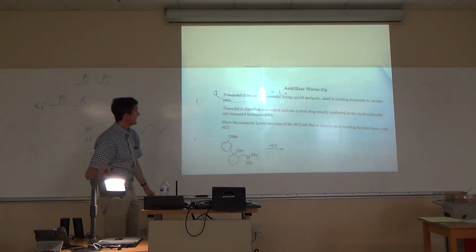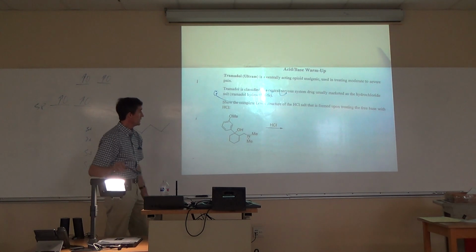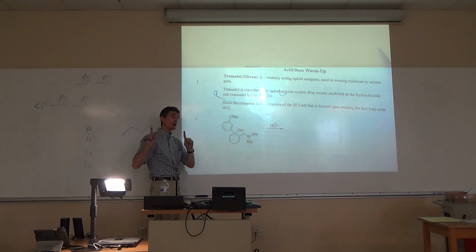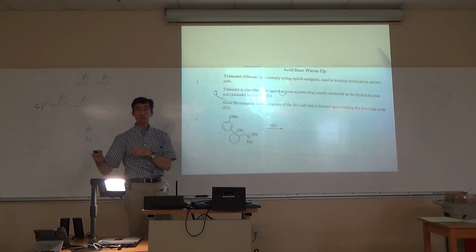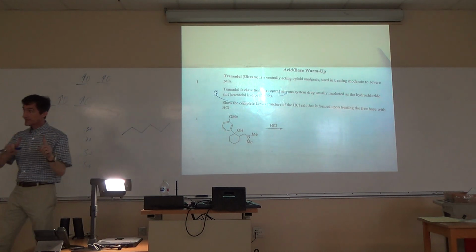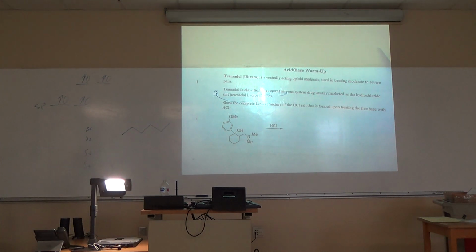Now, based on that, you should be able to show the product of this reaction over here, of this drug. You may need additional information because we need to identify the acid and base. What's the acid in this reaction?